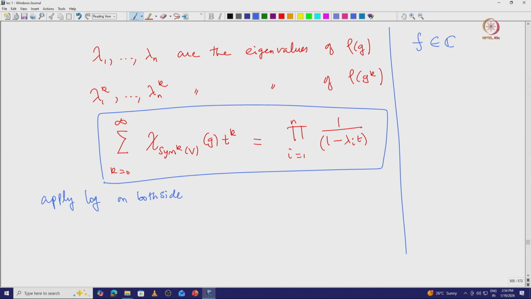Let us say this belongs to the formal power series in, let us say, n variables. Then I can talk about log of 1 minus f. So, this is going to be, by definition, exactly equal to f plus f square by 2 plus etc. plus f power m divided by m plus etc.